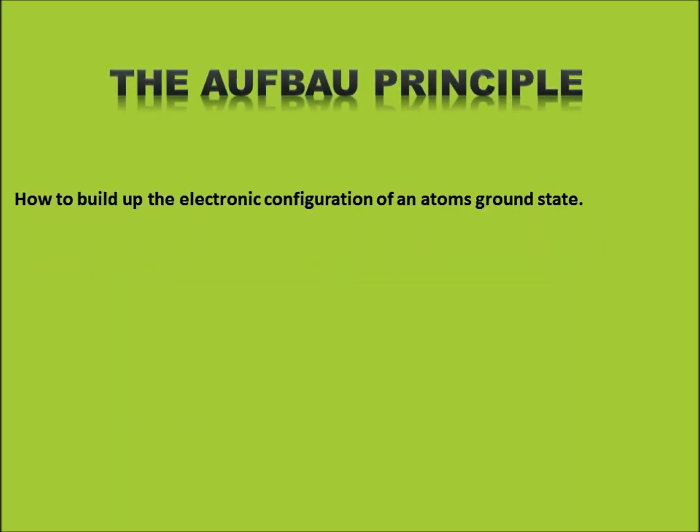The Aufbau principle describes how to build up the electronic configuration of atoms in the ground state. Basically, it says that we fill orbitals in order until we have the proper number of electrons, starting with the lowest energy level first.